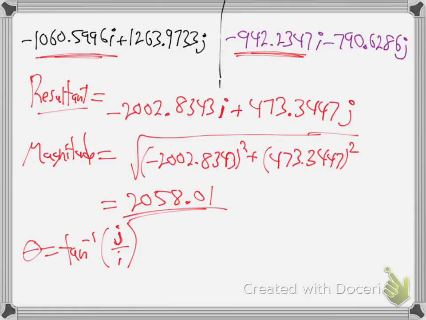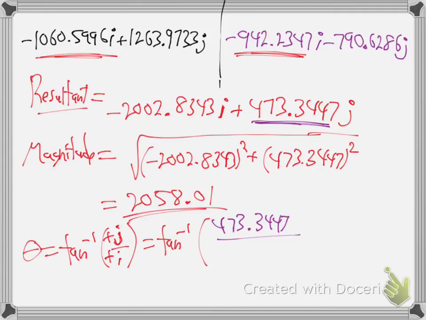So I'll say positive. So we're going to go inverse tangent of the y value, the 473.3447 over the i, but just use the positive, the 2002.8343, right?